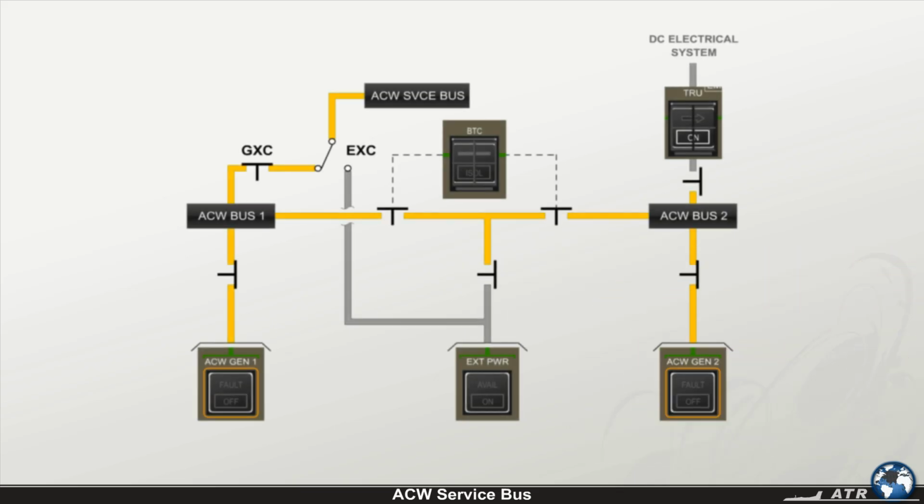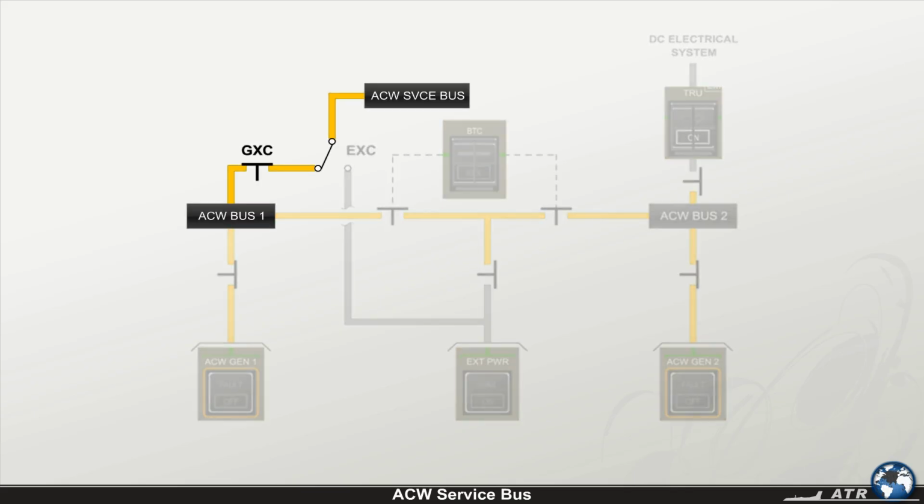The bus has two possible power sources, AC wild bus 1 or the AC ground power unit.